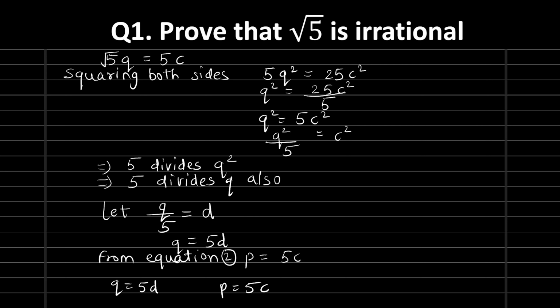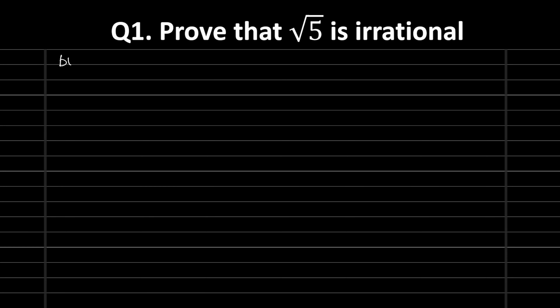But our assumption said that p and q are coprimes, which means the HCF, the highest common factor of p and q, should be 1.